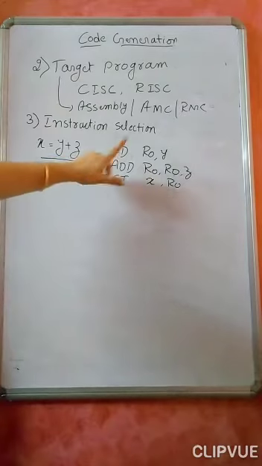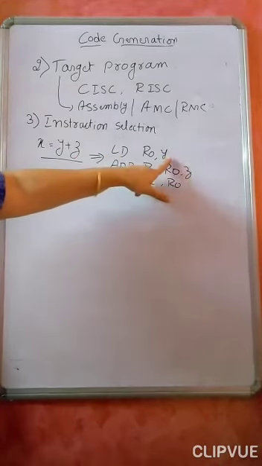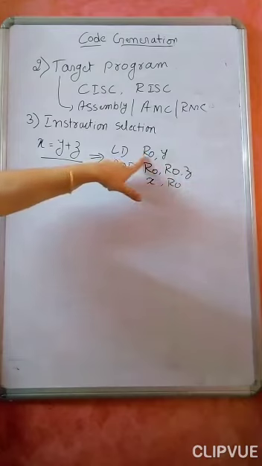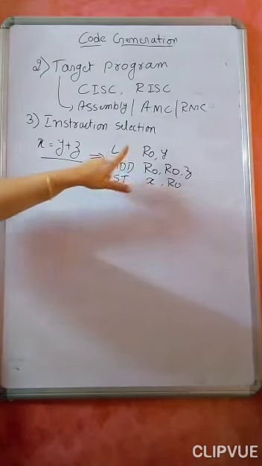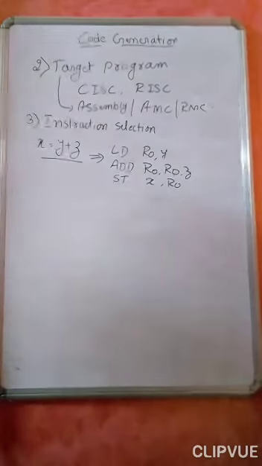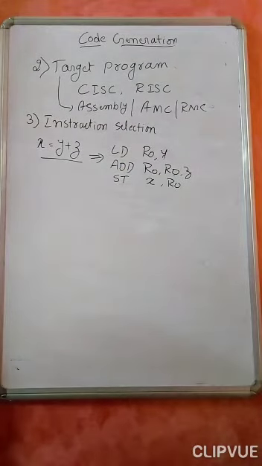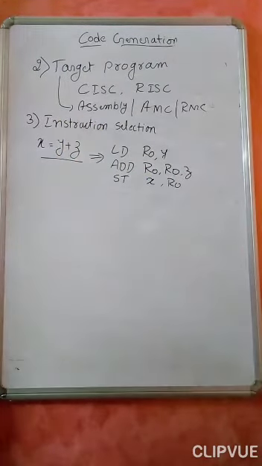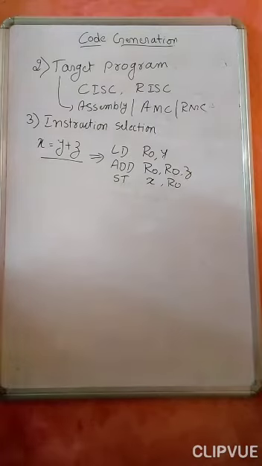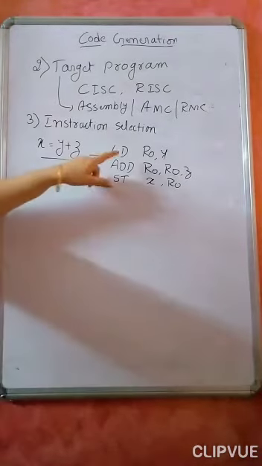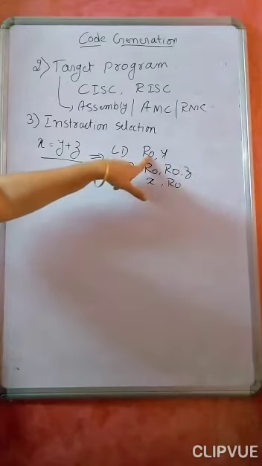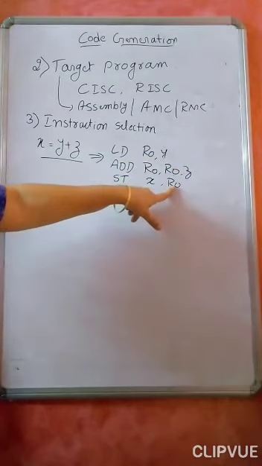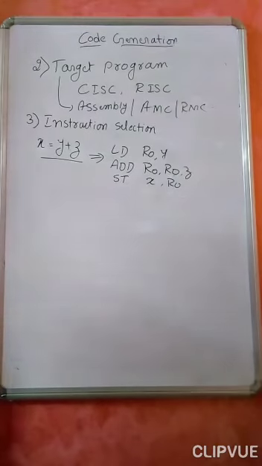All of you know what the load will do: whatever value is there in the memory location will be stored in the register. Store will store whatever is there in the register into the memory location.